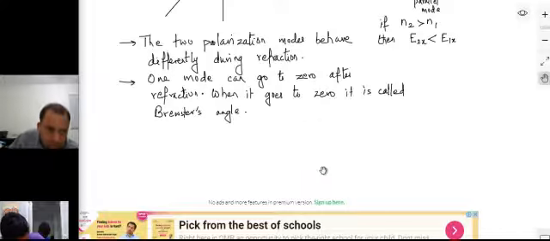Okay. So theta 1, the condition is that theta 1 is equal to theta b, that is the Brewster's angle.